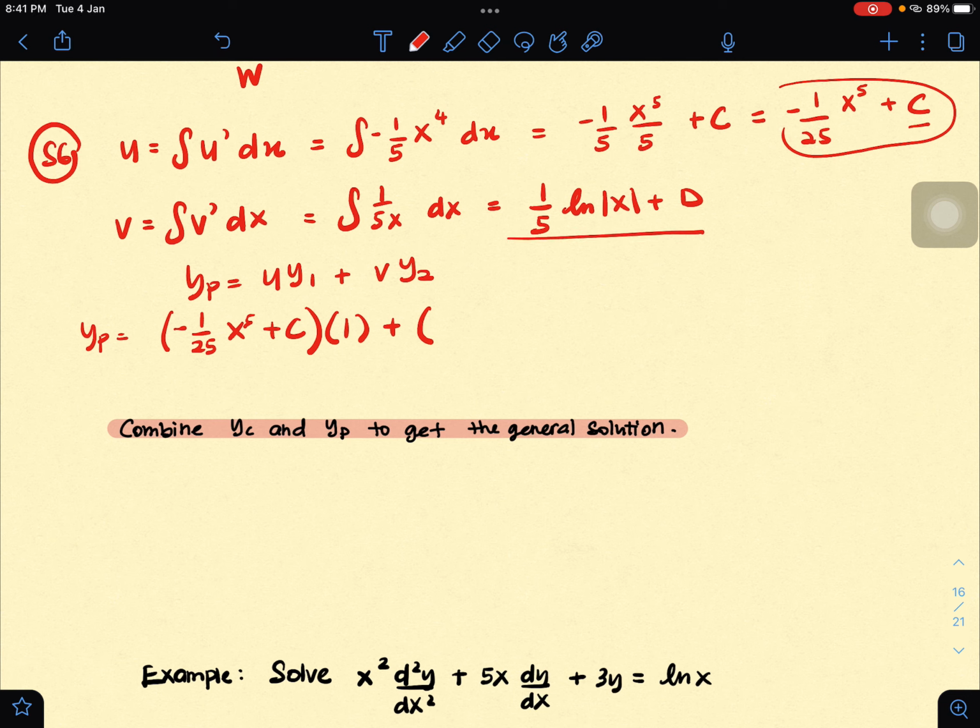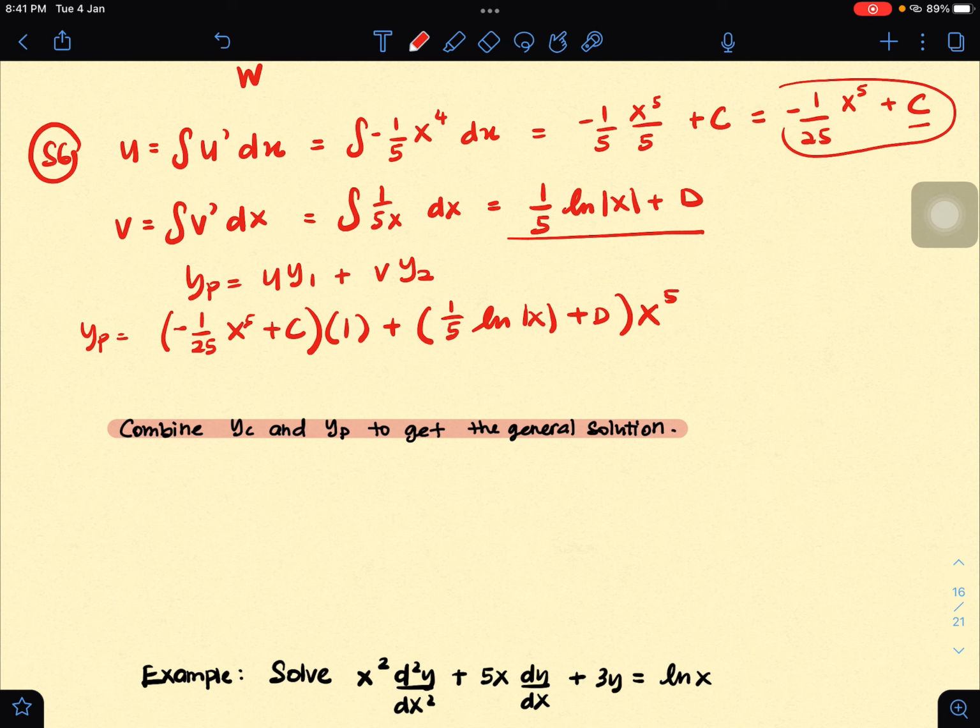So here is your v, 1 over 5 ln x plus d. Your y2 is x to the power of 5. Okay, so here is your yp.